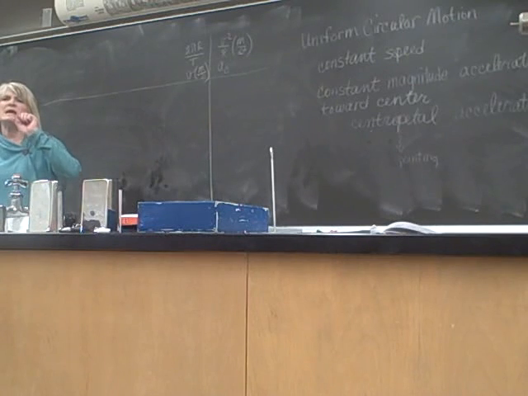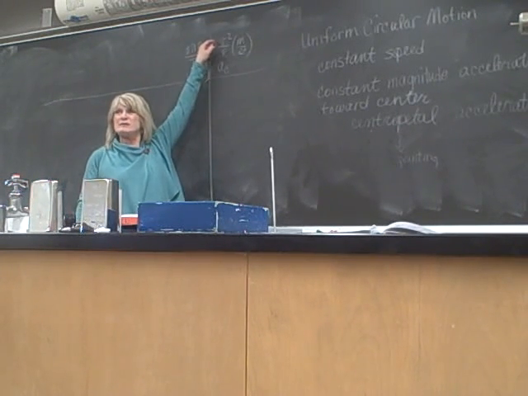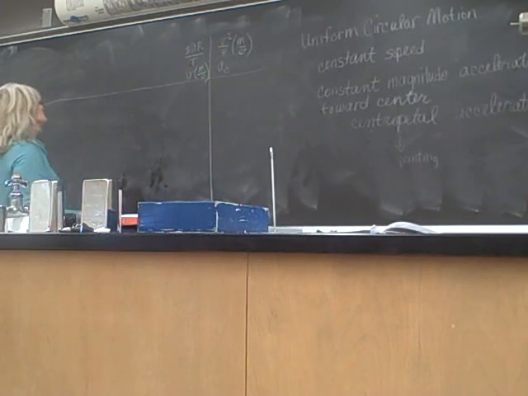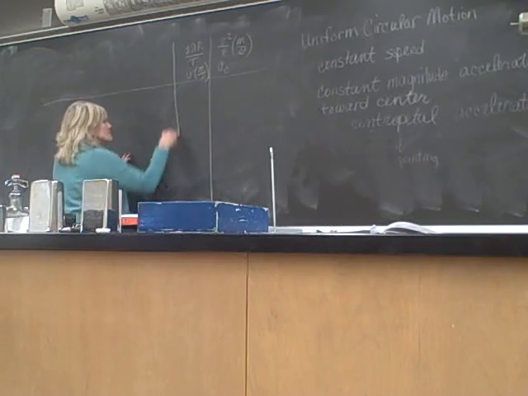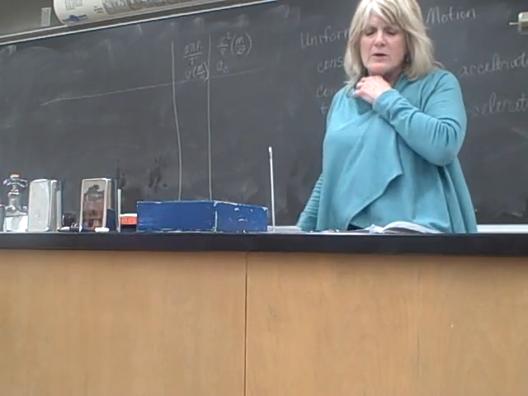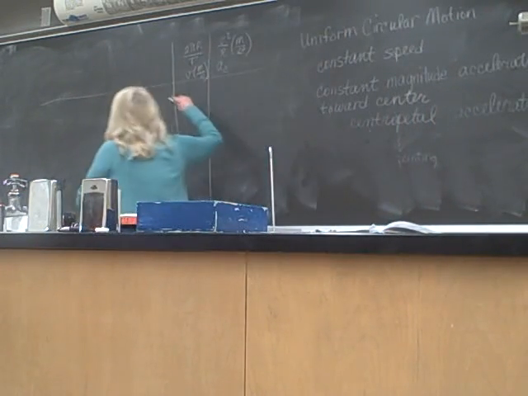So the measurements that you're going to make, two of the measurements, are the radius of the circle and the period of the revolution. Okay, so you will see capital T in two places.